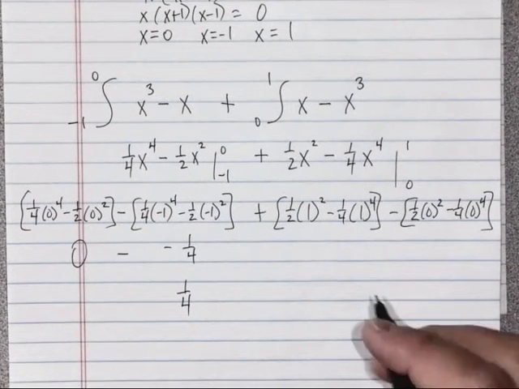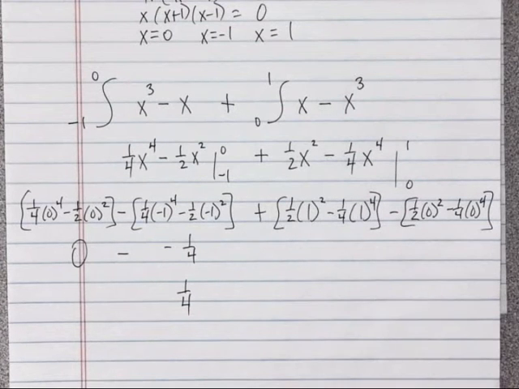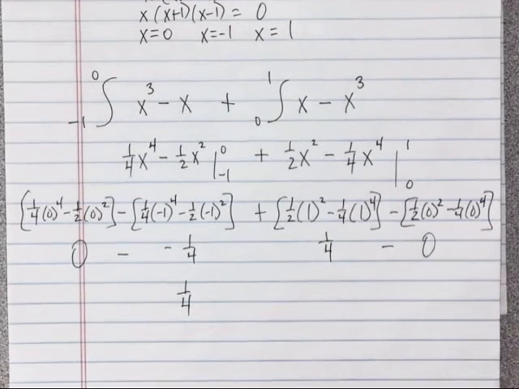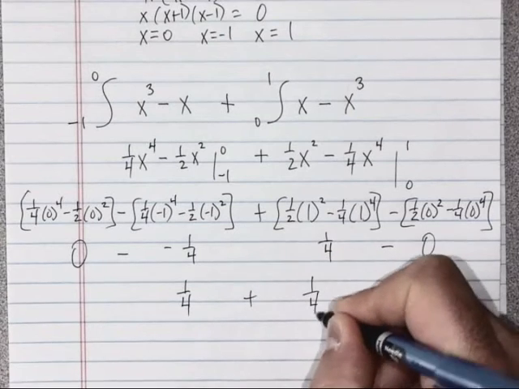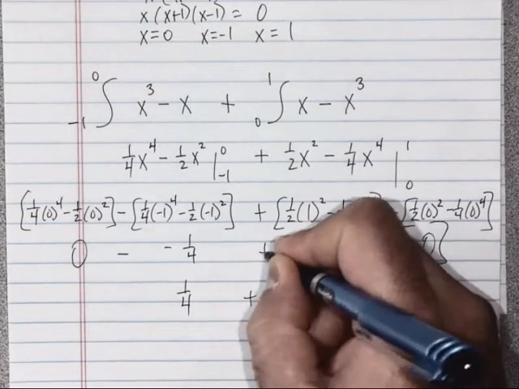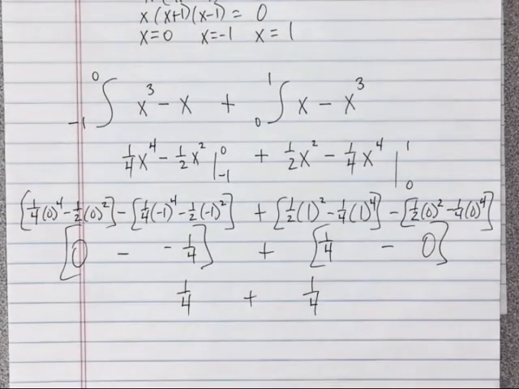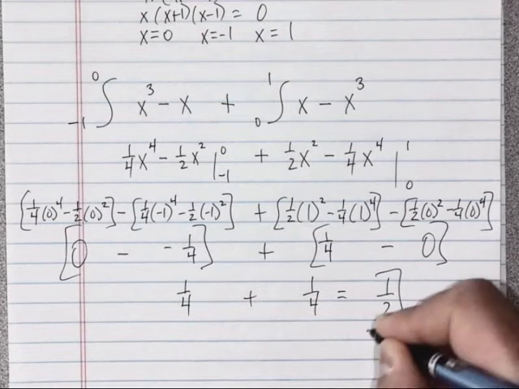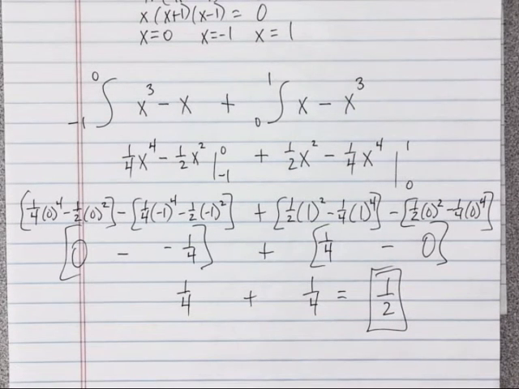So this here is going to give us a fourth, and of course this is going to be 0, so 1/4 minus 0 is obviously a fourth. Put in all my grouping symbols here. Okay, and then a fourth plus a fourth is a half. So that is our area of both of those regions combined together.